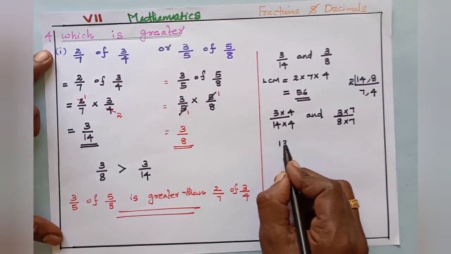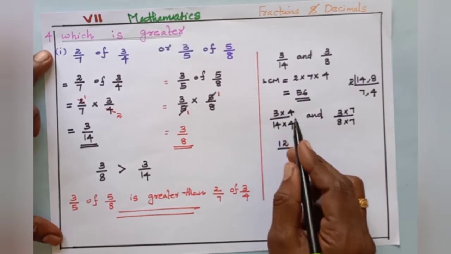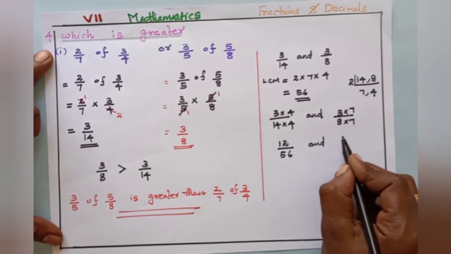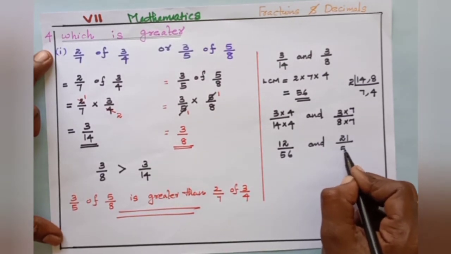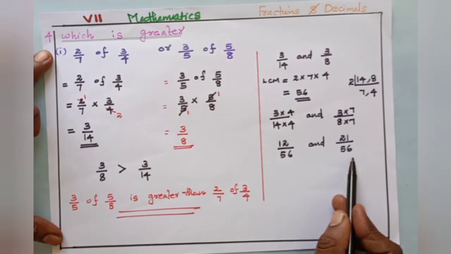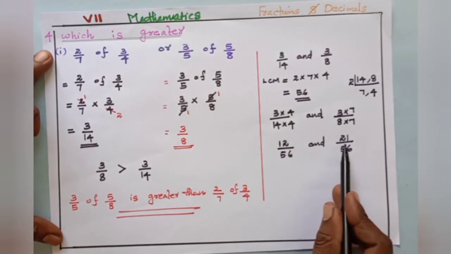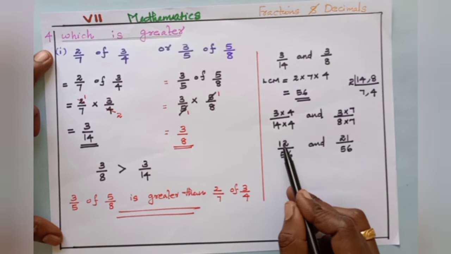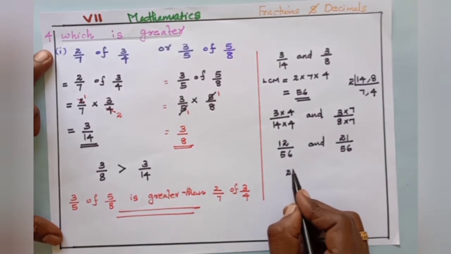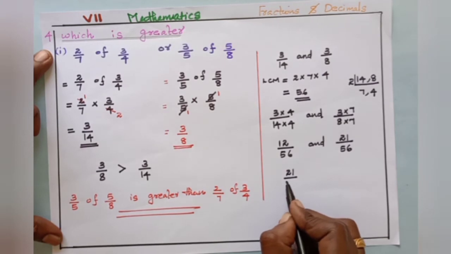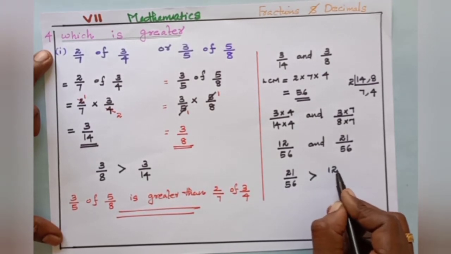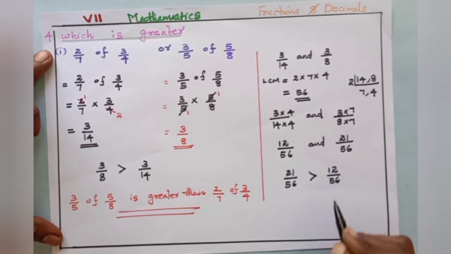So we get 3 into 4, 12 by 56, and 21 by 56. Here the denominators are the same, so compare the numerators: 21 and 12. Which is greater? 21. So we can conclude 21 by 56 is greater than 12 by 56.